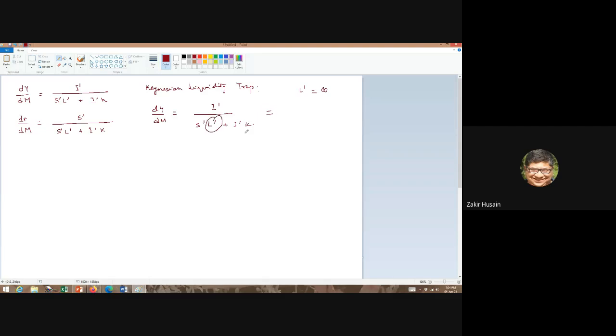Look at this term. This is infinite, so it's going to become 0. In fact, dr/dm for the same reason is going to become 0.